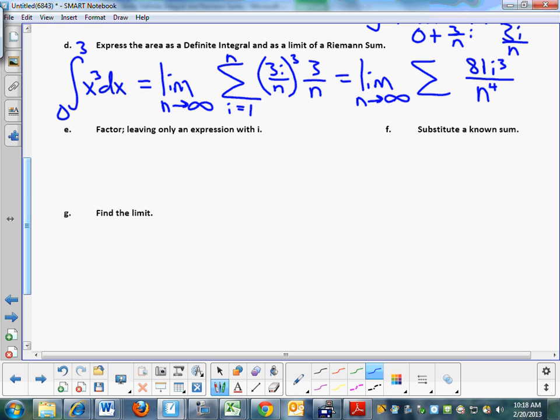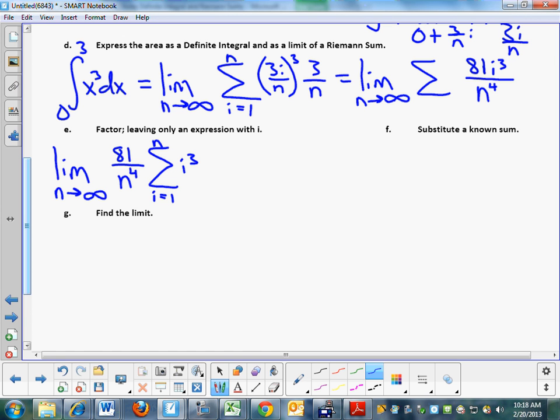Now I'm going to factor out the 81 over n to the fourth. So I have the limit as n goes to infinity of 81 over n to the fourth times the sum from i equals 1, I forgot to write that up there, sorry, to n of i to the third.